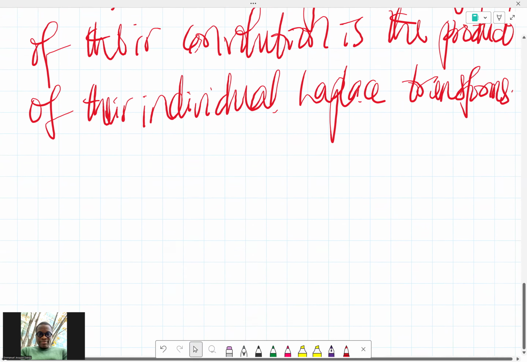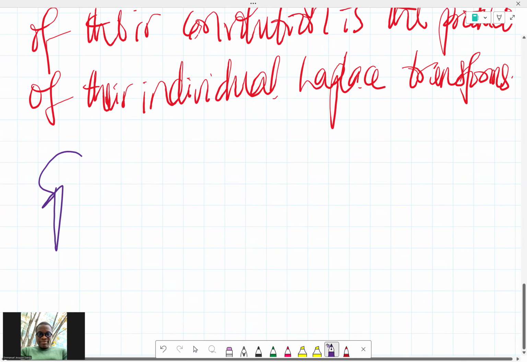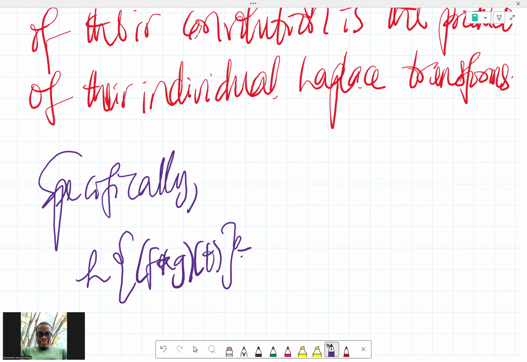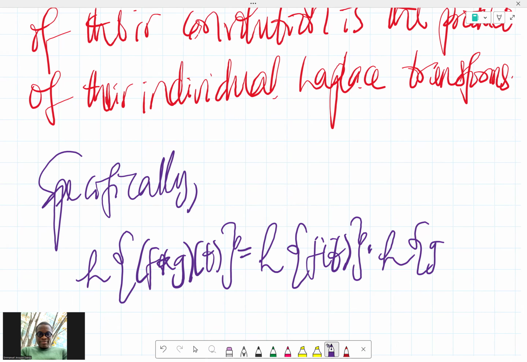Easy peasy. Specifically, if you take the Laplace of the convolution of f and g of t, it is simply the Laplace of f of t multiplied by the Laplace of g of t.